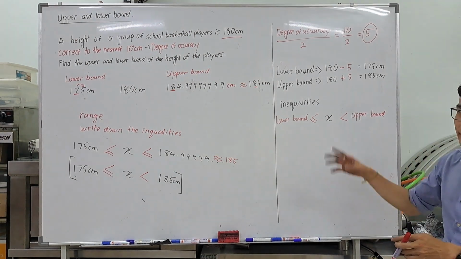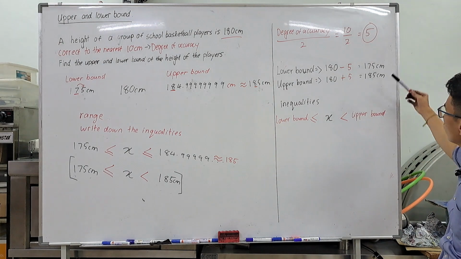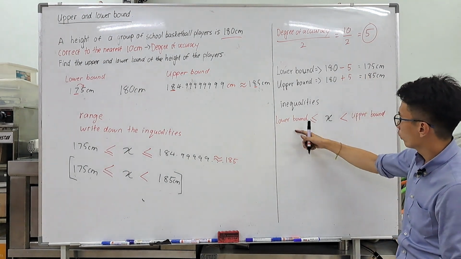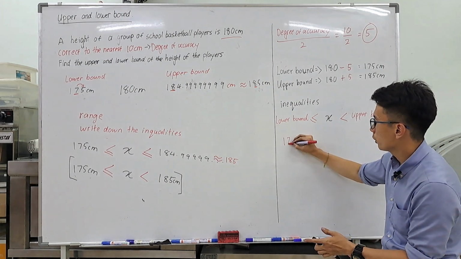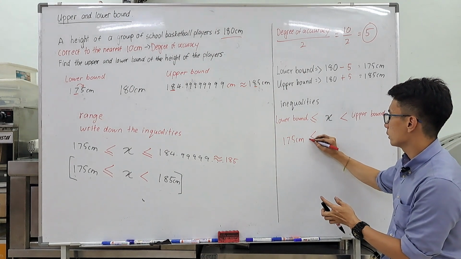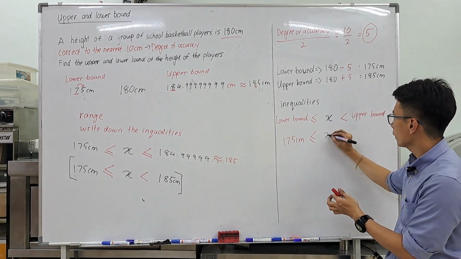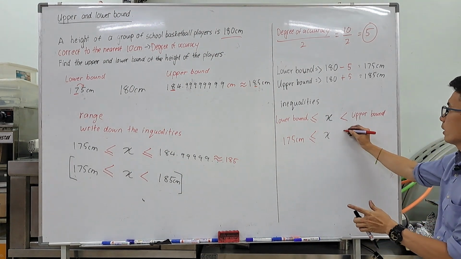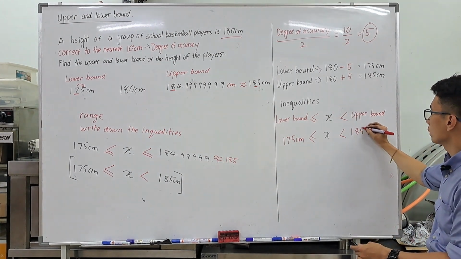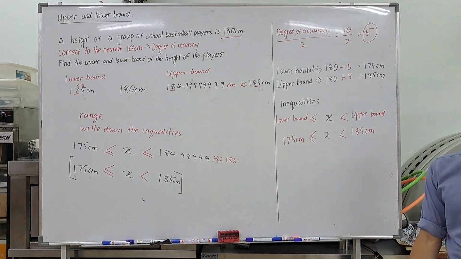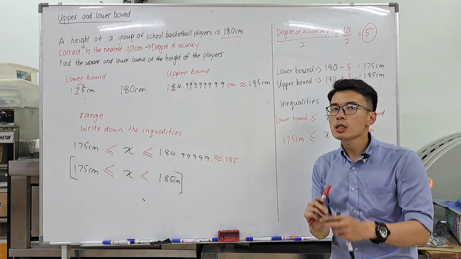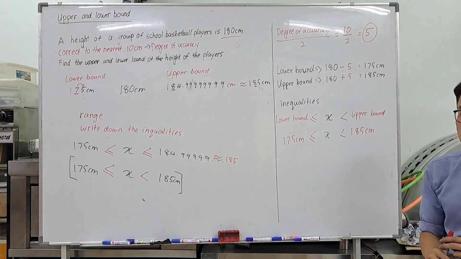Then the final thing you need to do is fill in the blanks. The lower bound over here will be 175 centimeter, and that is less than or equal to x, and x will be less than the upper bound, which is 185 centimeter. This is the shortcut method for any upper or lower bound question.